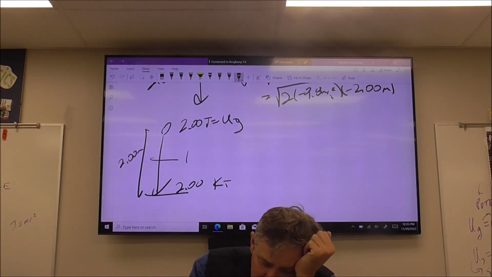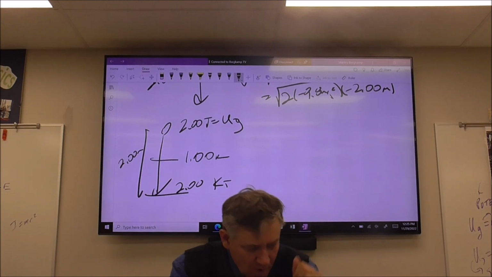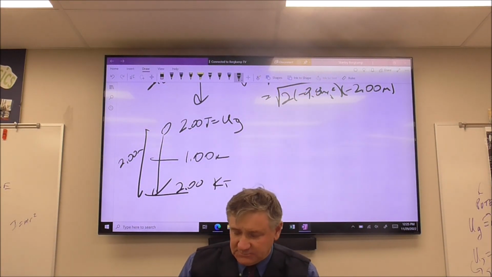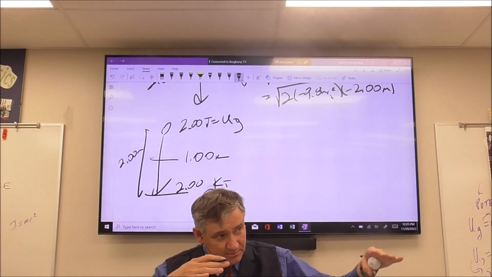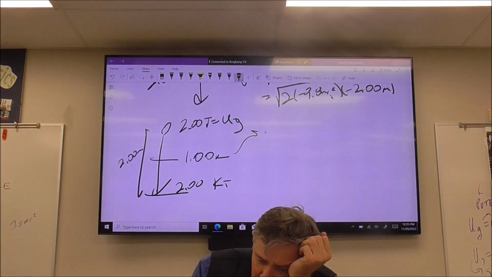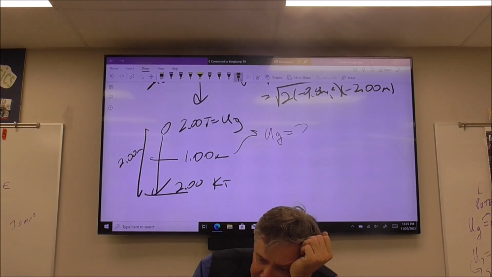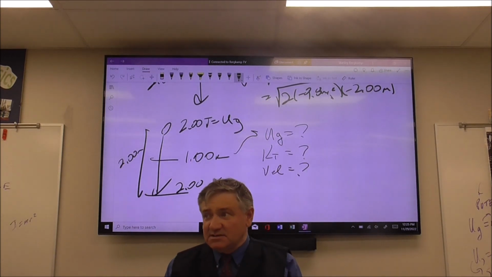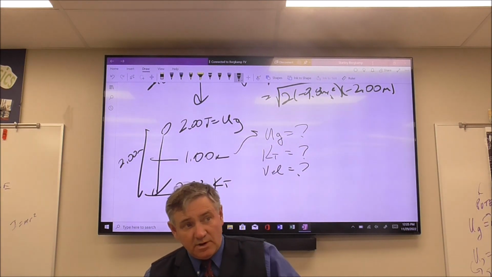So what I want to know is what's going to happen when Gary crosses the 1 meter mark. Now we're going to look at something in between. When Gary crosses the 1 meter mark, I want to know how much UG he has, how much KT he has, and how fast he's going when he crosses that 1 meter mark.